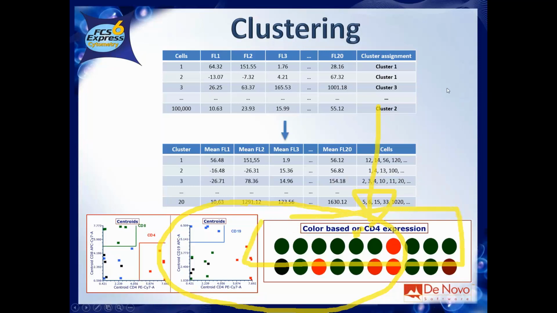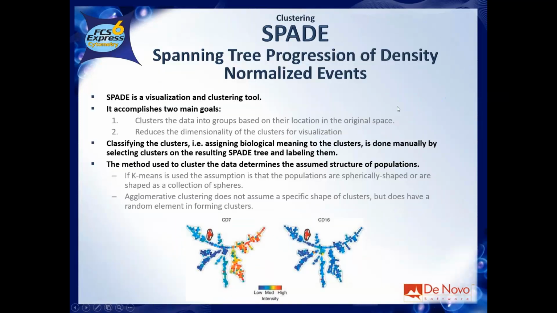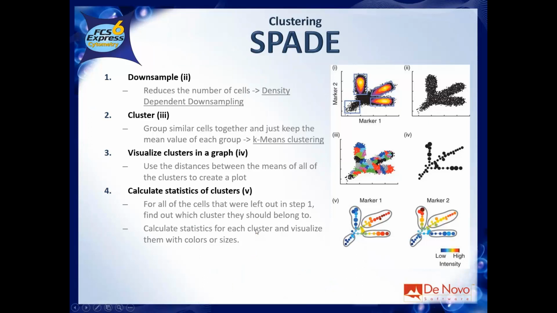They are plotted in, let's say, a branch tree representation. And you can see this here. So this is another smart thing that SPADE is doing, because you also have the possibility to see that some clusters are more similar to each other than others. So it tells you more information about the general structure of your data.